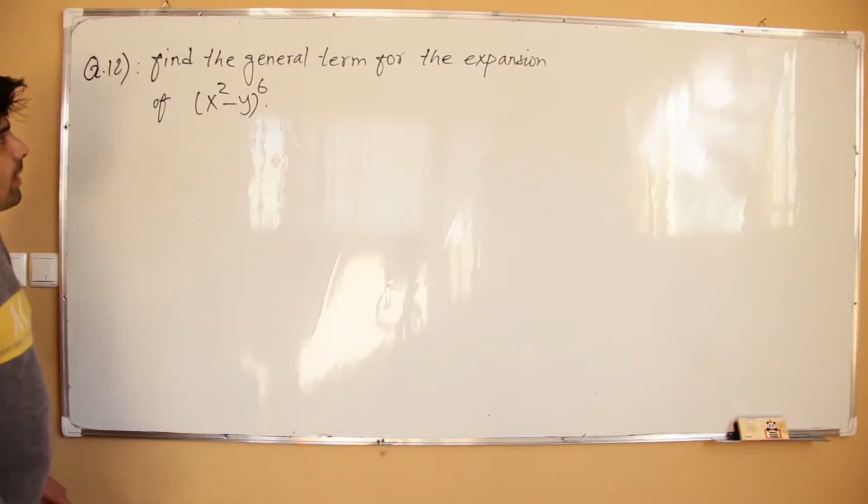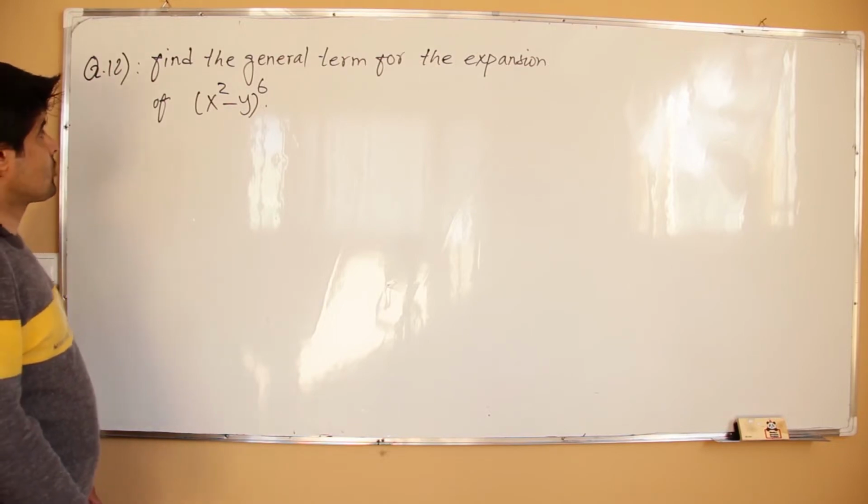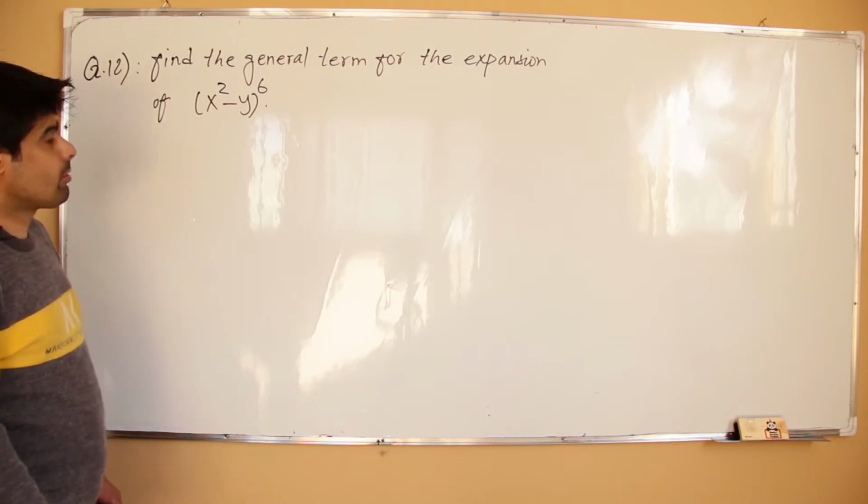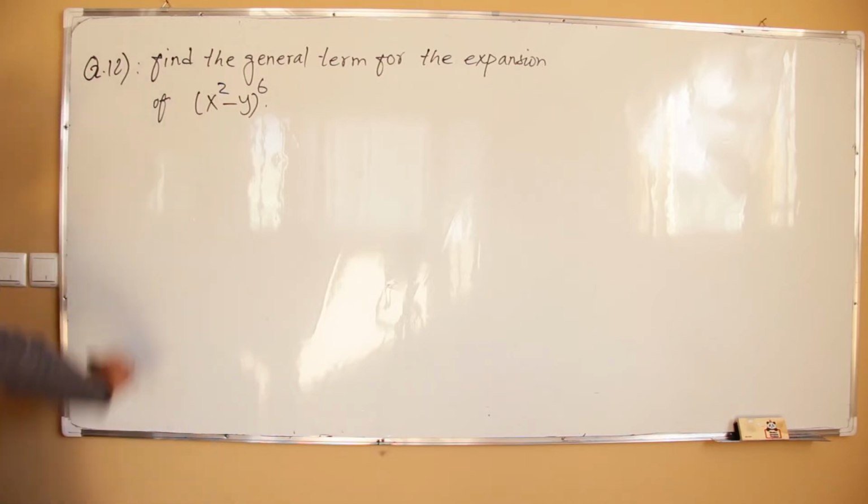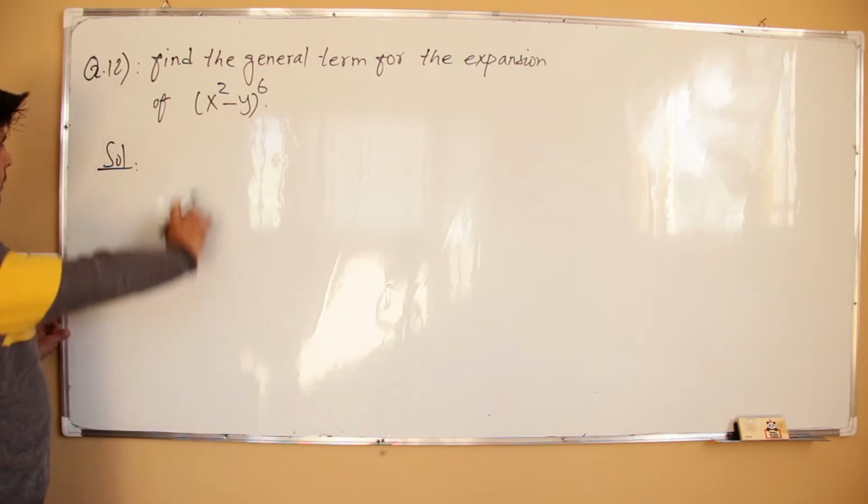Question number 12. Find the general term for the expansion of x squared minus y raised to the power 6. How can you solve this question? First, one thing you know, that's what?